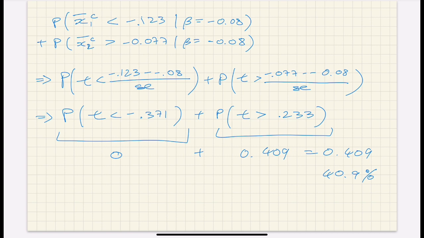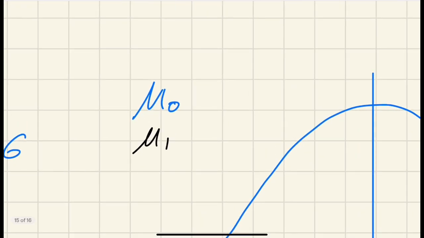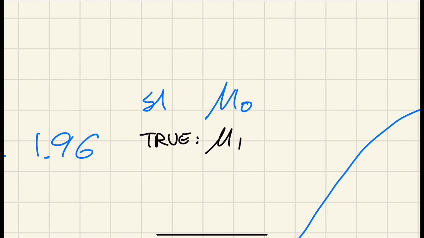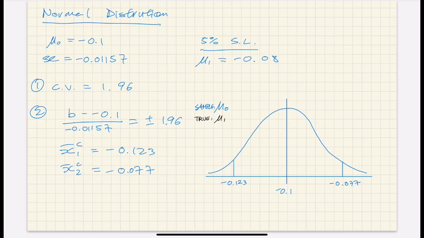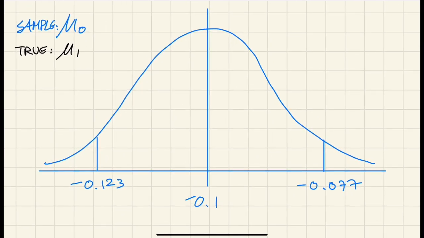And if you're asked to draw the diagram, let's go back to the previous part. We want to use a different color pen for the true value. So this is the true mean, and this is the sample, and we know that mu1 is equal to negative 0.08, so it's going to be somewhere between these two points.